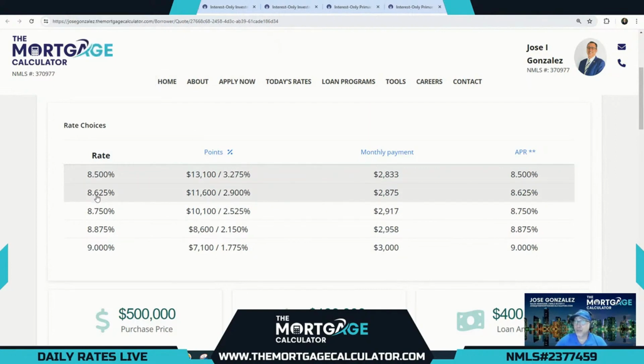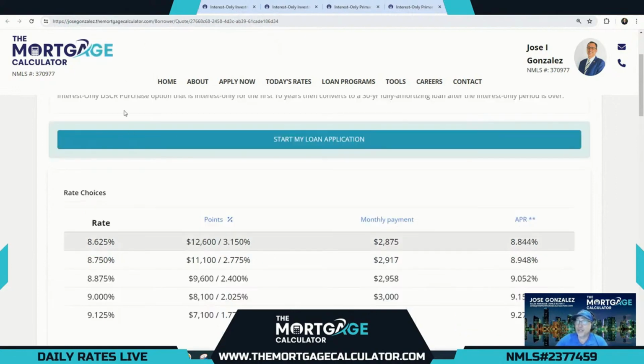So this one at 8.625, but we're going to compare apples to apples at 8.625. The 30-year option is costing 2.9 points, and 8.625 on the 40-year option is costing 3.15. So it's a difference of a 0.25% cost in fee difference between the 40 and the 30-year DSCR option.